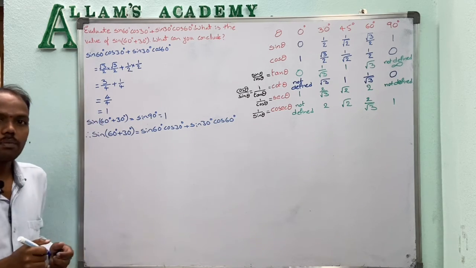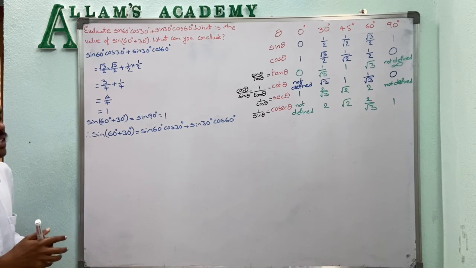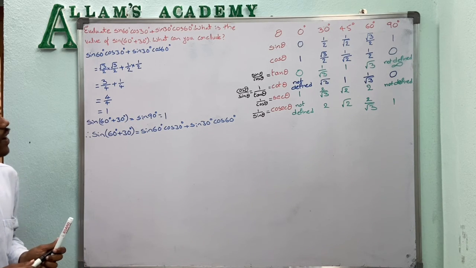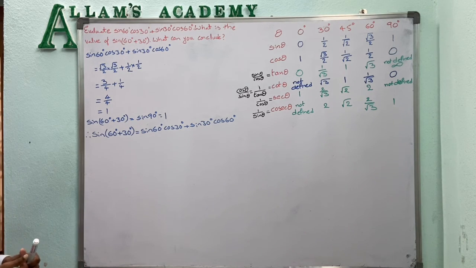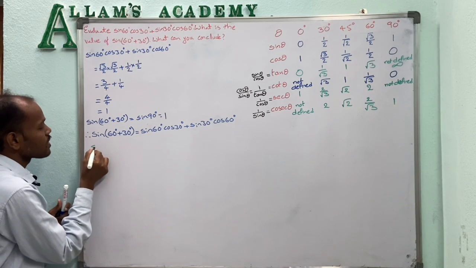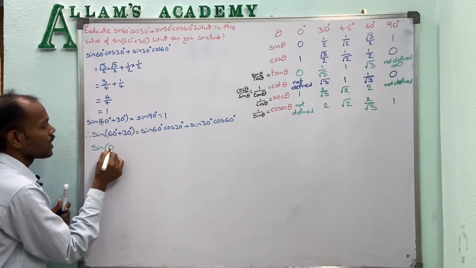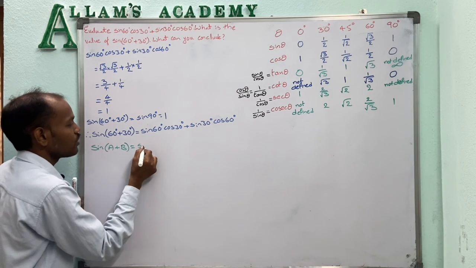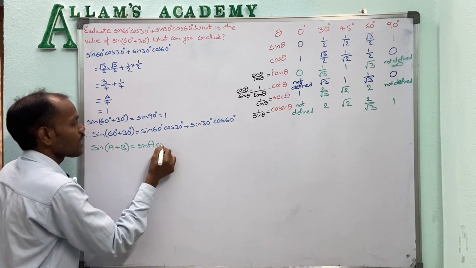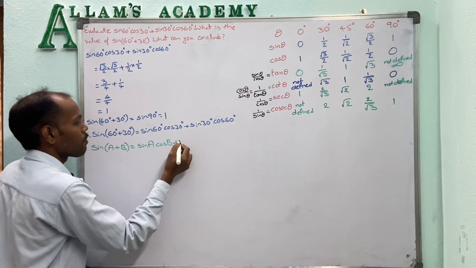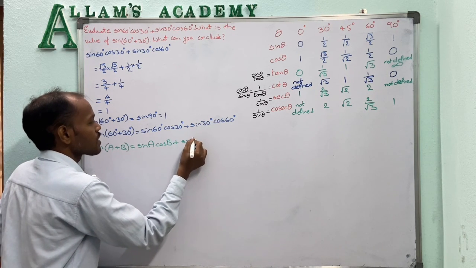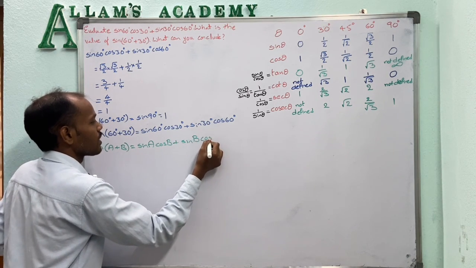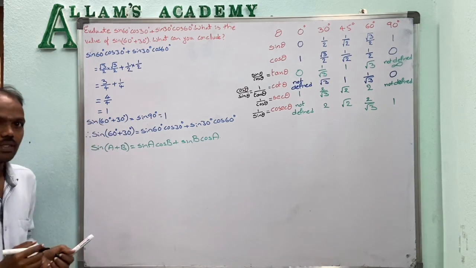That means in place of 60 and 30 degrees any values we can apply, and we get the same result. So sin of A plus B, where A and B are two angles, equals sin A cos B plus sin B cos A. Okay.